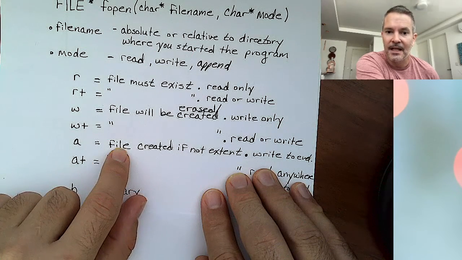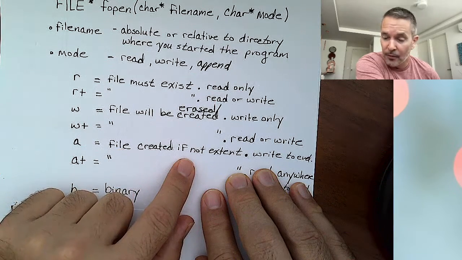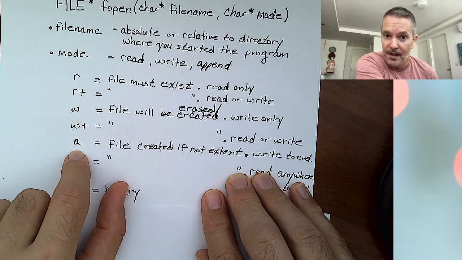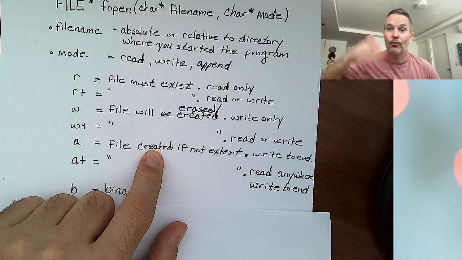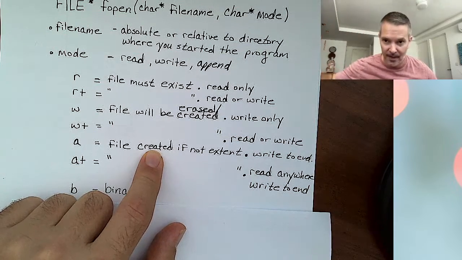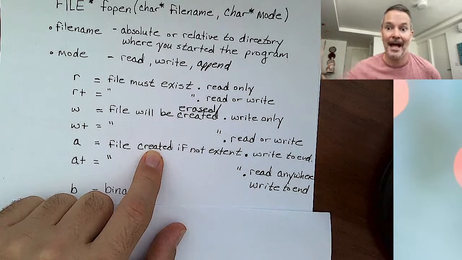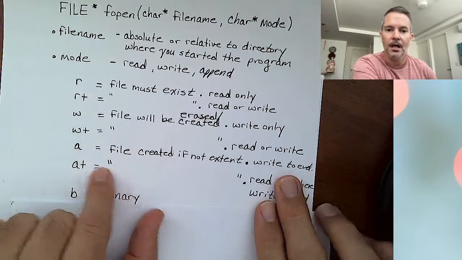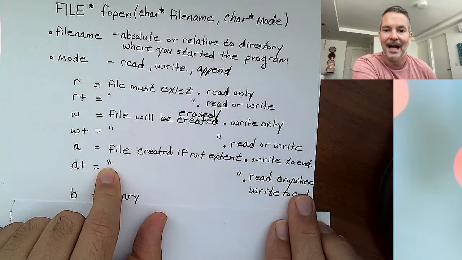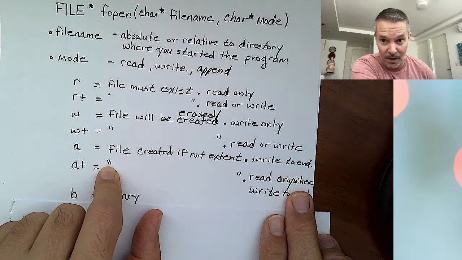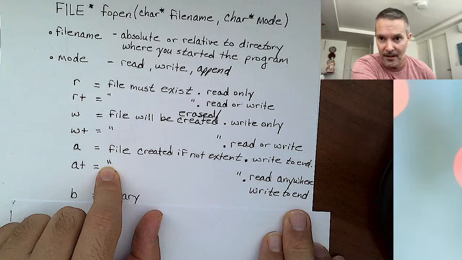So if the file doesn't exist, it will be created for me. That's the way the A mode works. But if it exists, it will be opened and it will be prepared so that I can write just to the end of the file. Okay? So I'm not going to erase what exists in the file. I can now add to the end of it. If I put a plus behind the A, I am saying, look, I might want to read what's in the file as well, but I'm only going to be able to write to the end of the file. Okay?